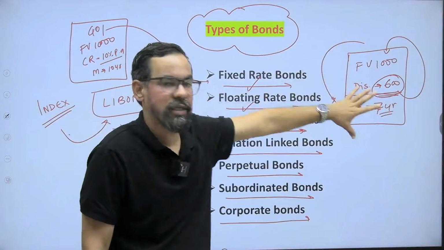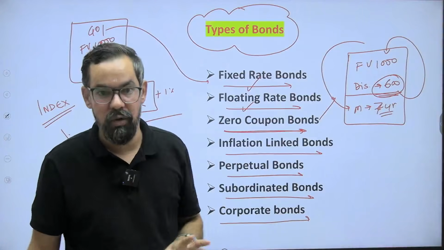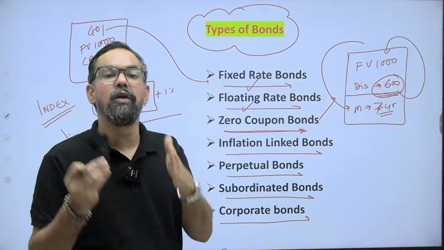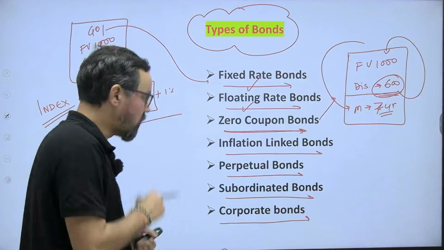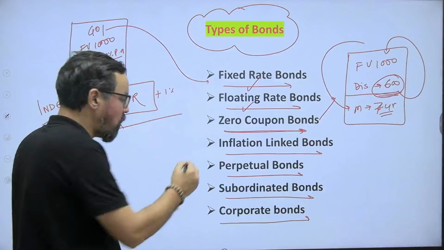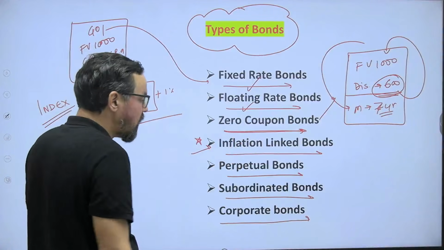So you pay us 600 rupees right now, and at the time of maturity we will give you 1000. So you are getting a return of 400 rupees in these kinds of instruments. So that is a zero coupon bond. Inflation linked bond, this we'll discuss in detail. We have a dedicated slide for this.